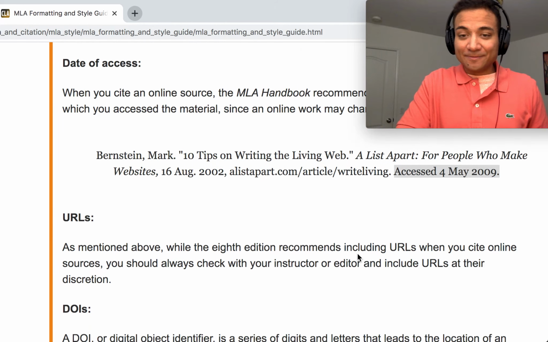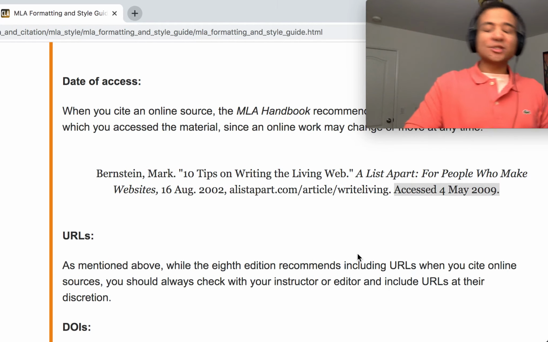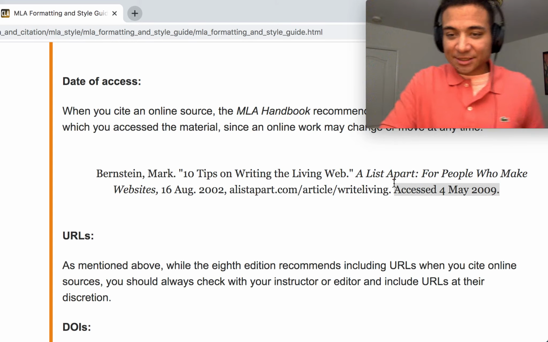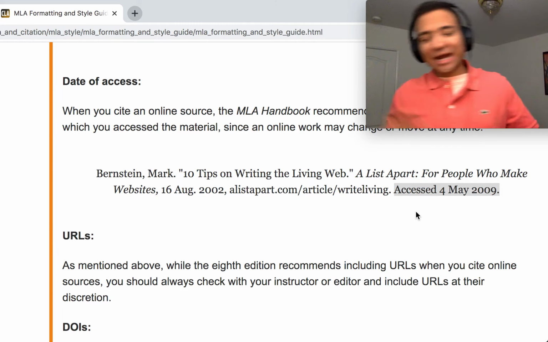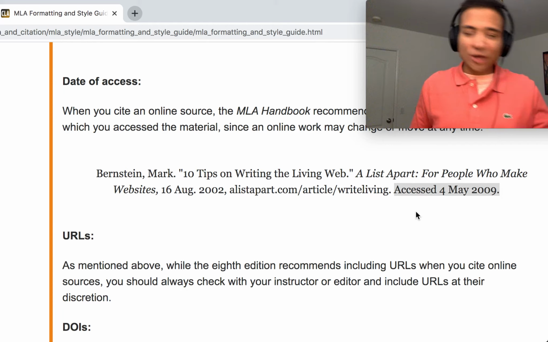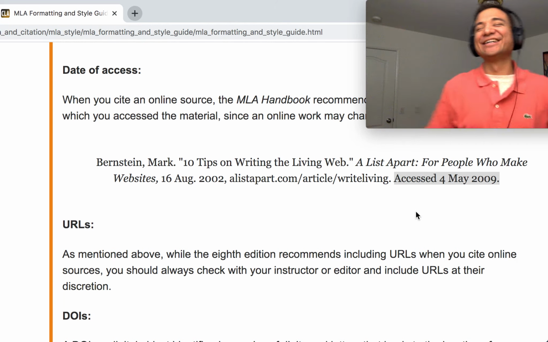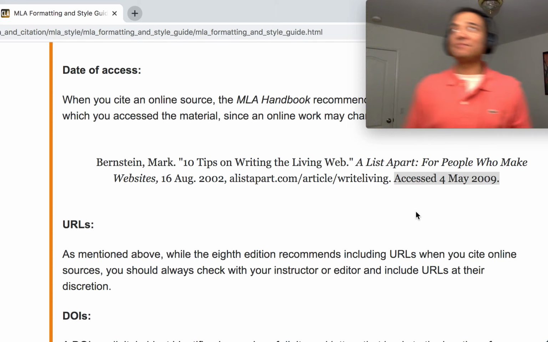Here's another big one. Accessed. With electronic sources, we use this word accessed to indicate when we accessed the source and to differentiate it from when it was published. And here's the thing. You cannot access something before it's published.